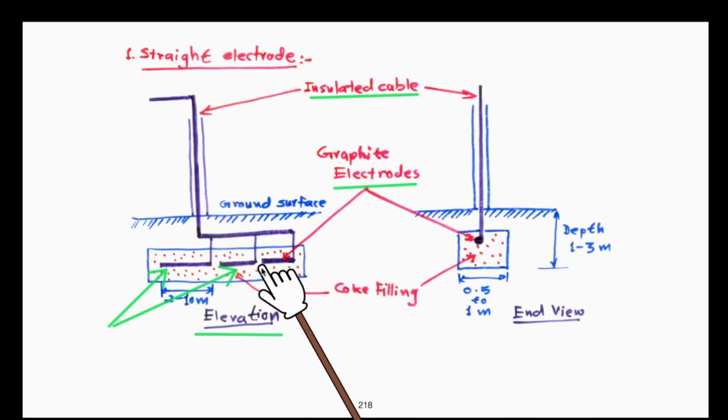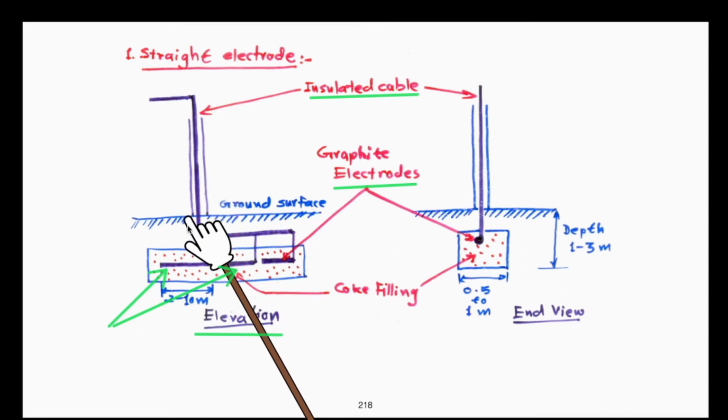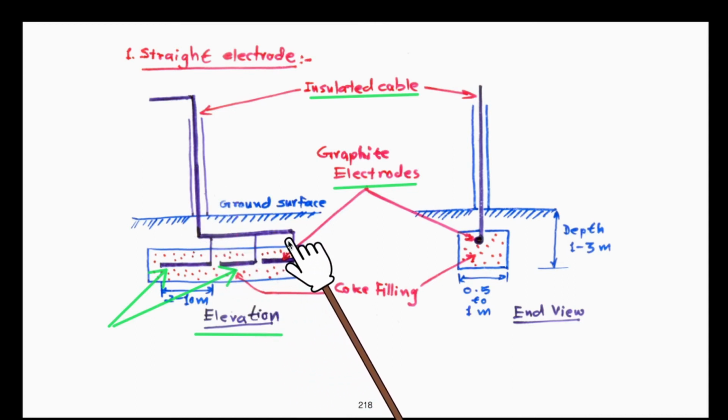Rather, there are several straight electrodes connected to the same conductor in order to provide better connectivity with respect to the earth crust, and in order to be able to carry a large amount of current and provide an alternate path in case of fault or failure.